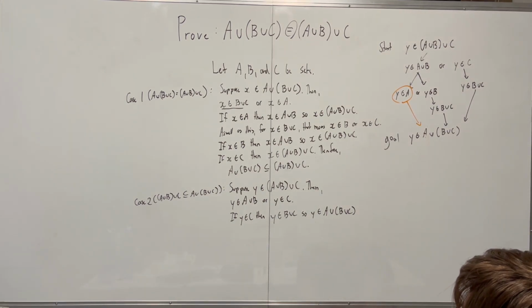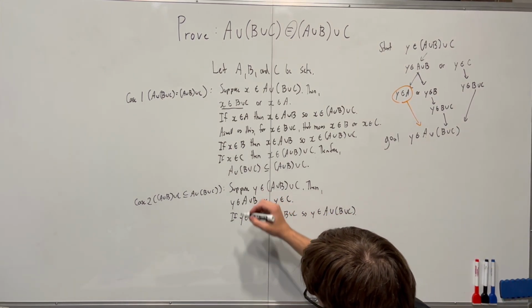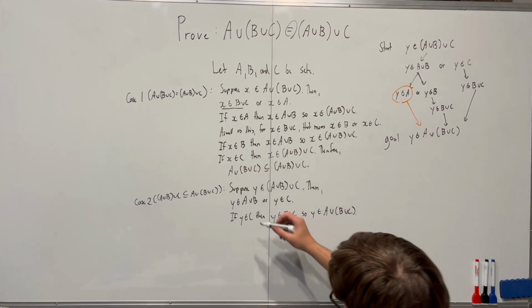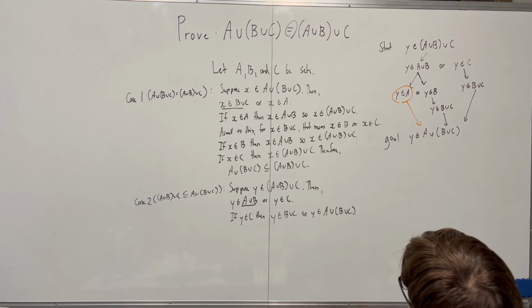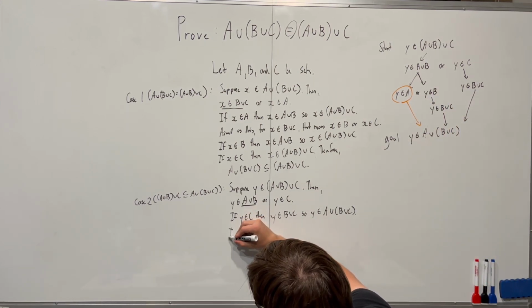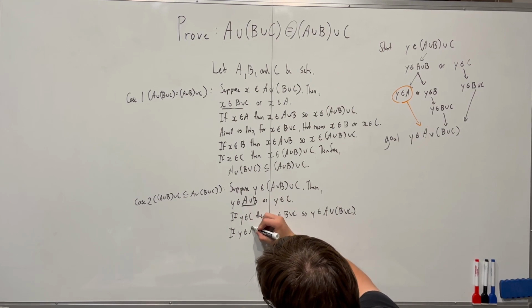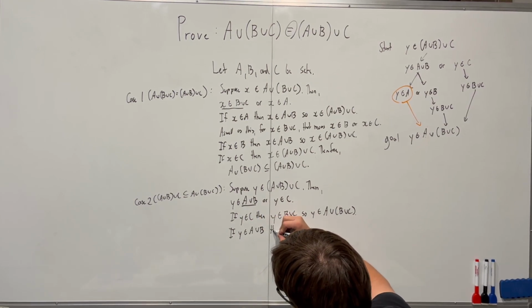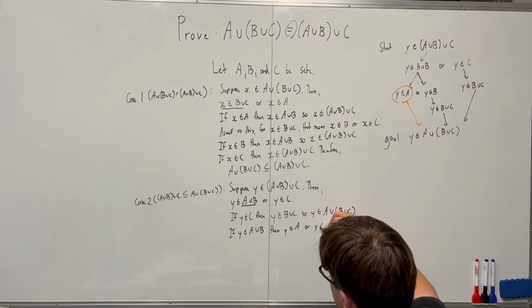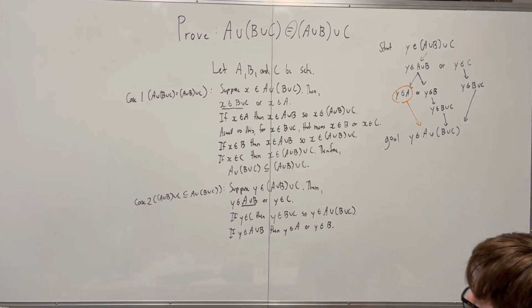Fantastic. Okay. Next, we're going to want to look at our case where y is an element of A union B. We're going to want to break this down like we did up here. So we're going to say if y is an element of A union B, then y is an element of A or y is an element of B. Fantastic.